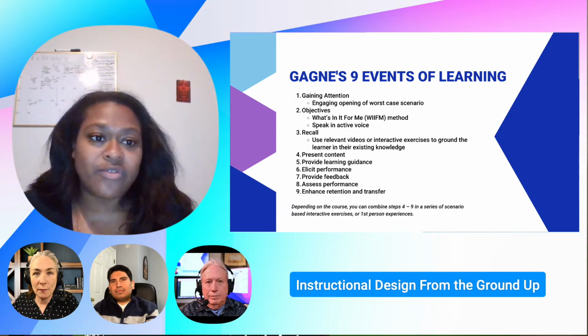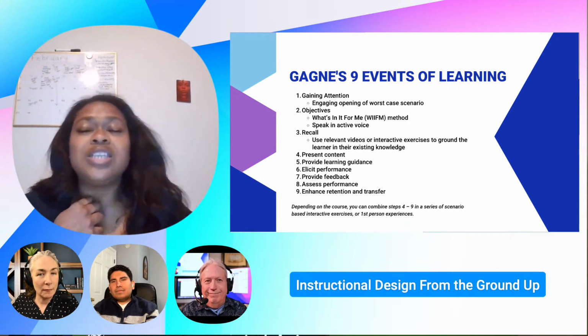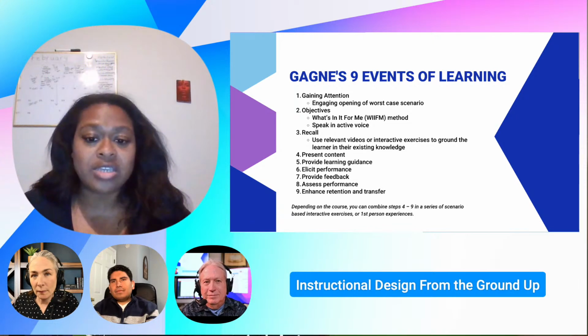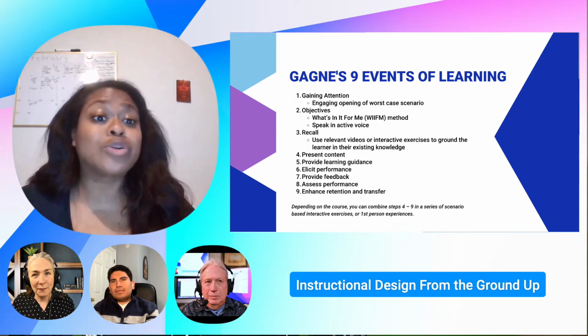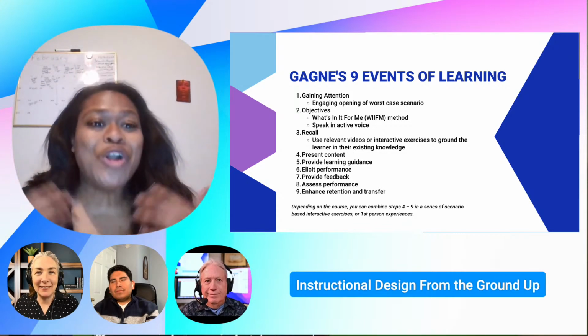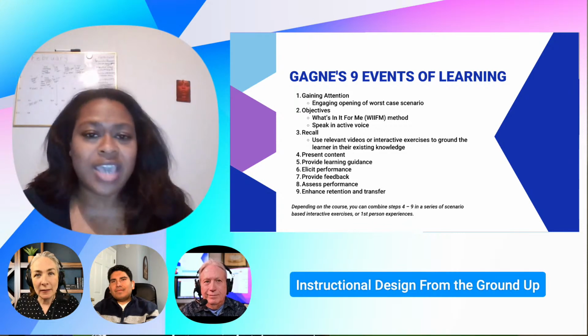And I believe in following the what's in it for me method, or WIFM as it's called. Instead of traditionally using the phrase, upon completion of this course, the learner shall be able to do X, because you're in an online space, you want to make it more engaging.